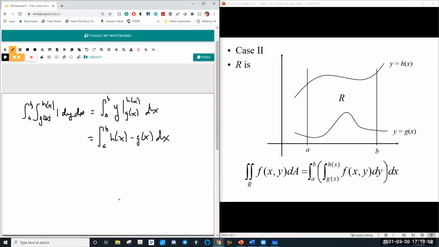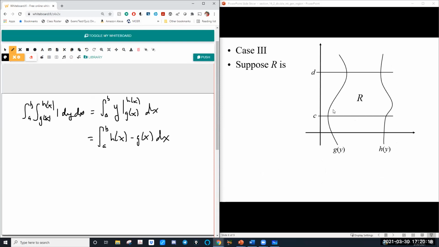All right, so that's one way of thinking about it that I think can be helpful in setting this up. And I'll show you a couple different examples of this to give you a better feel for it. But is your top just defined by a single function? Is your bottom just defined by a single function?